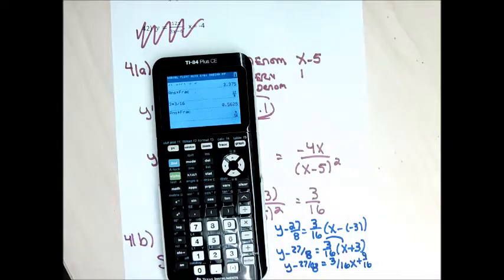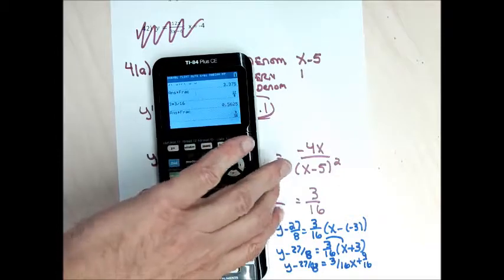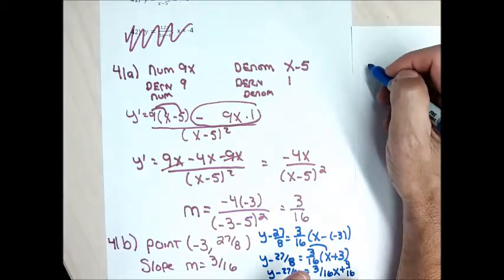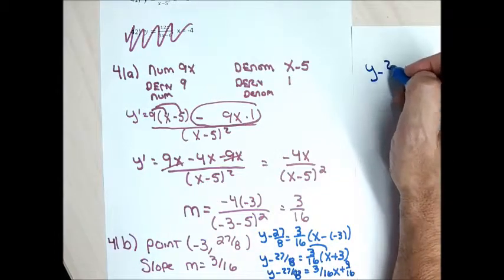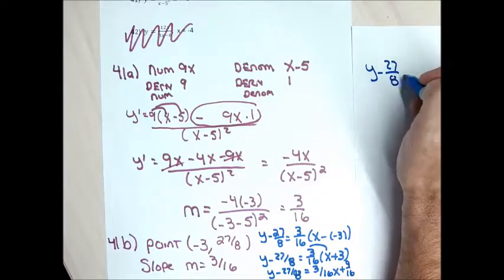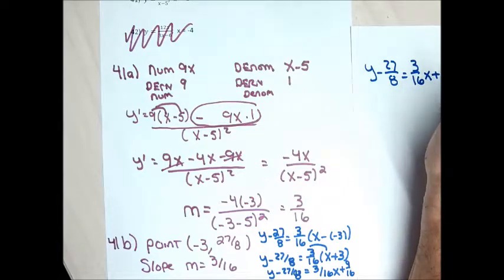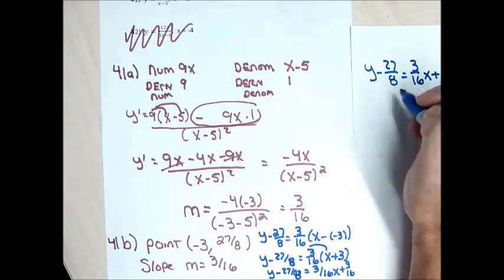I'm out of room here. So where I'm living right now is I almost have the equation. On the left-hand side, I have y minus 27 over 8 equals 3 over 16x plus 9 over 16. I'm going to add 27 over 8 to both sides.